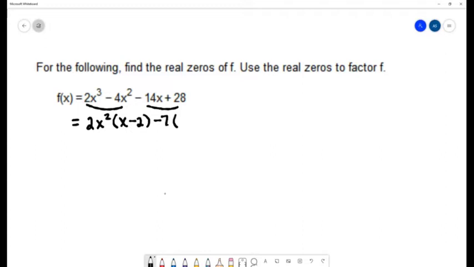I'll factor out a negative 7, and I'll be left with x minus 2. Because what's in these parentheses match each other, this method is working. It's called grouping, and I can factor out an x minus 2 from both terms, and I'd be left with 2x squared minus 7.